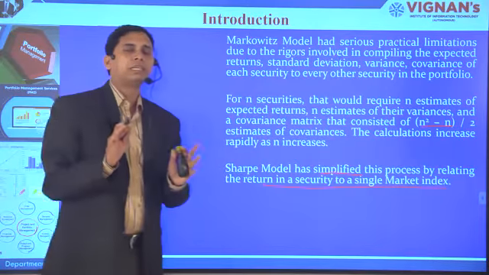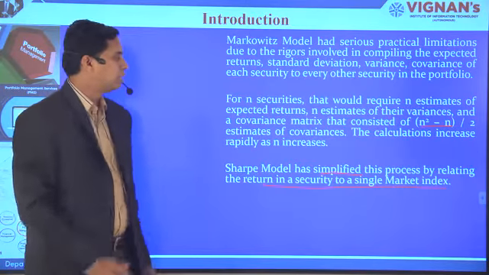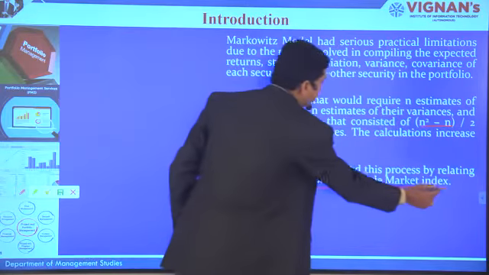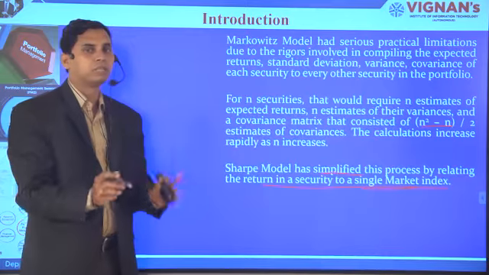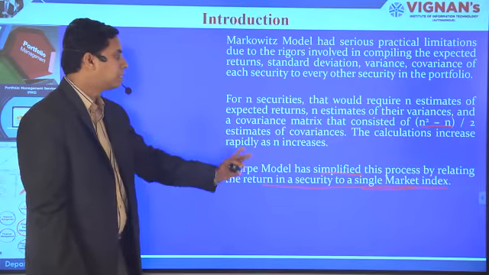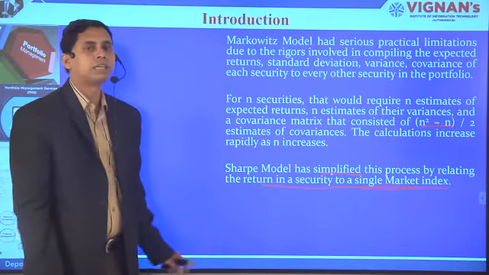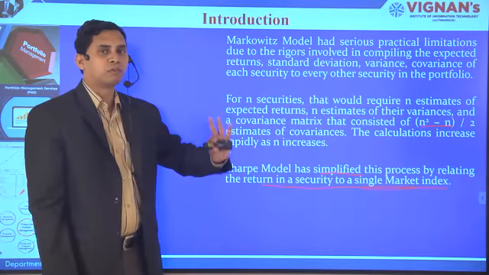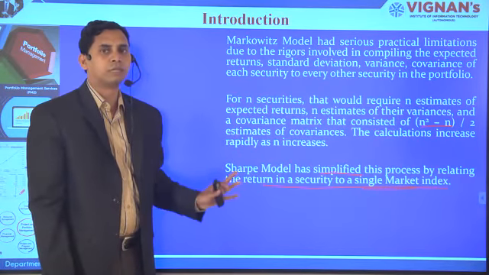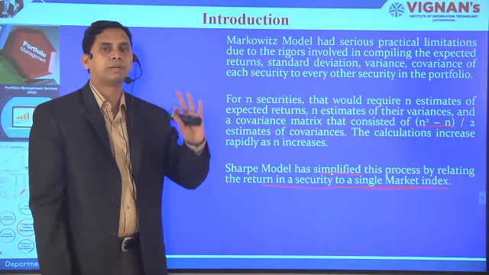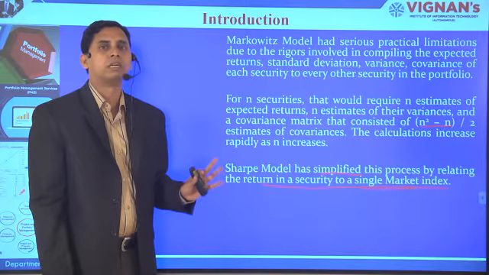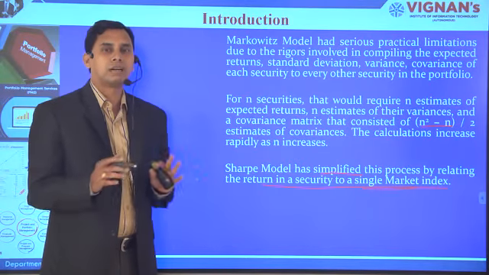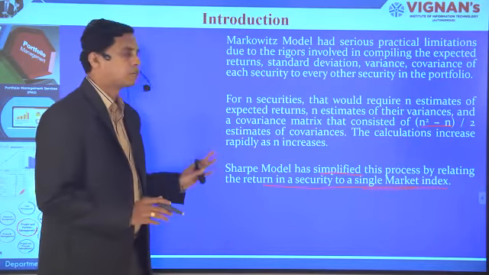So the only thing considered in the Sharpe single index model is the return of a security with respect to the single market index, and based on that we evaluate the portfolio. We are not supposed to calculate the covariances between one security and the other securities in the portfolio in this model. That is the reason why these many calculations are not required.